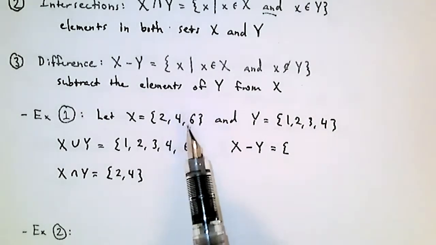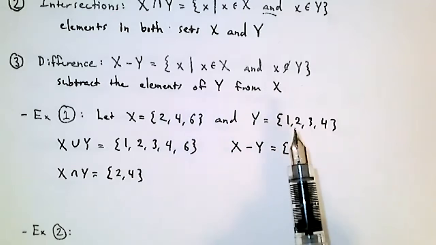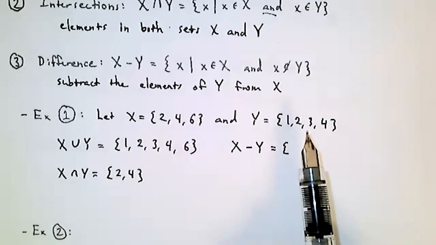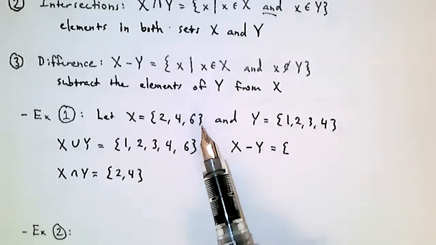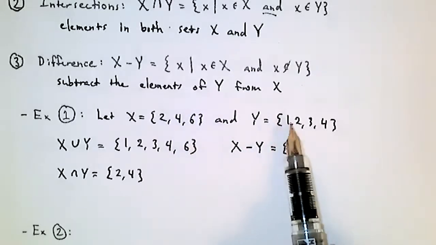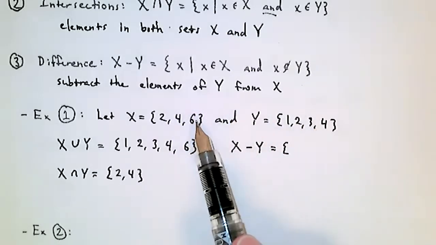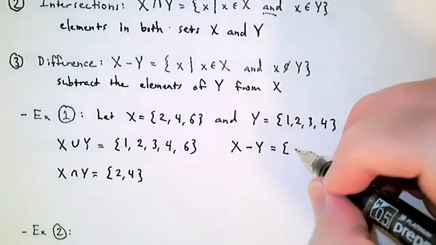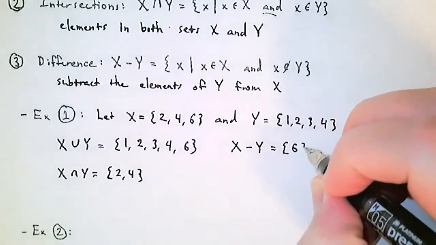Okay, so what about X minus Y, the difference? So which elements are in this set, but not in Y? 6. 6, good. So 2 and 4 are both over here, but 6 is not. So 2 and 4 get taken away, and 6 is left over.